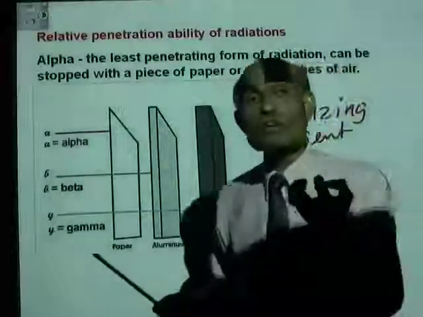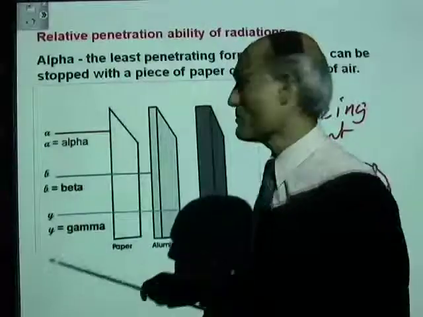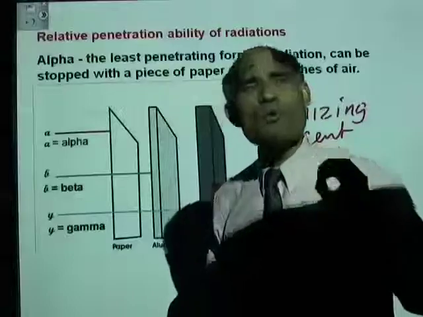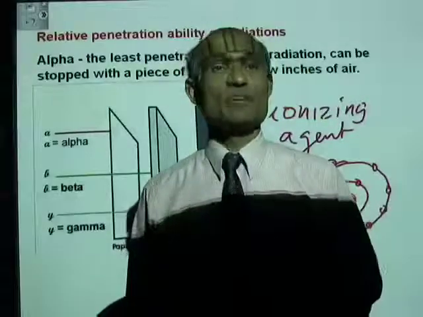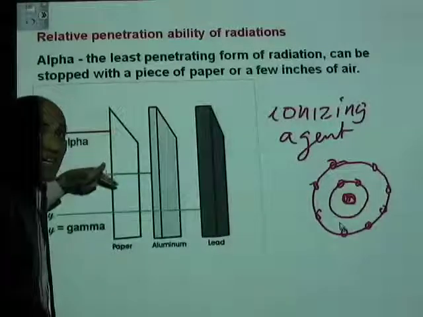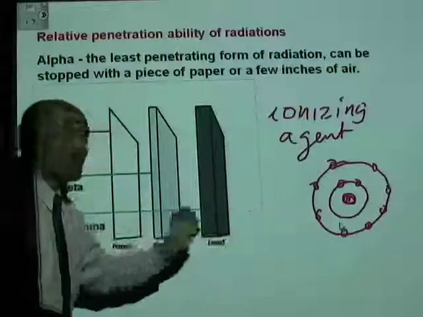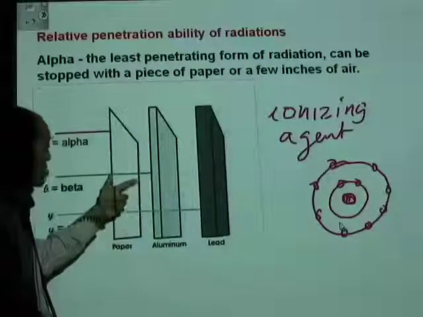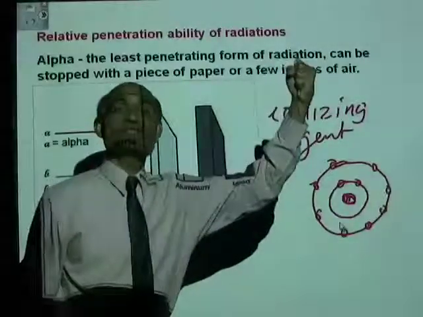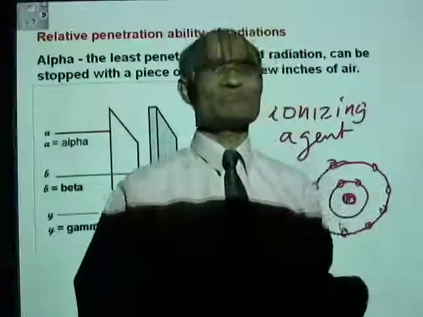Beta radiation also can produce ions, but not as effective as alpha. But gamma radiations are very poor ionizing agents. So you can see, as the penetration ability increases, the ionizing ability decreases. Or as the penetration ability decreases, the ionizing ability increases. That is something that you must know of these radiations.